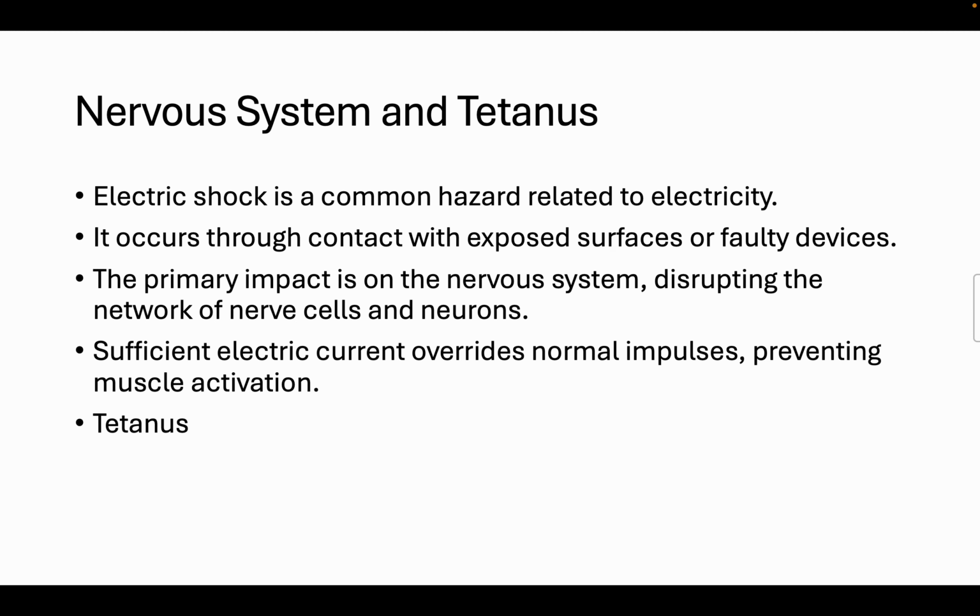So there are different types of hazards associated with electrical shock. But first, let's discuss how an electrical shock actually happens. When we receive an electrical shock, it affects the nervous system. By nervous system, I mean a network of special cells in the body called nerve cells, or neurons.